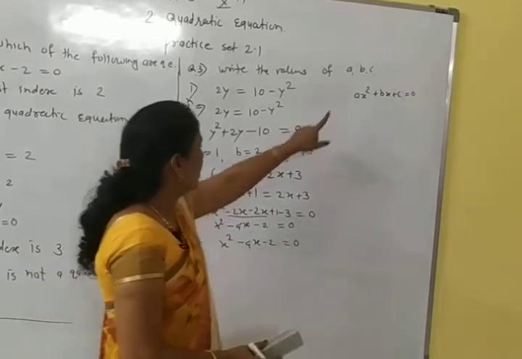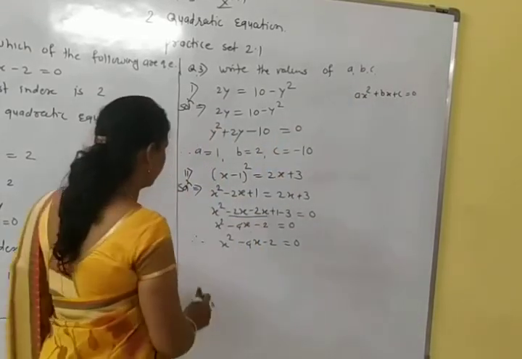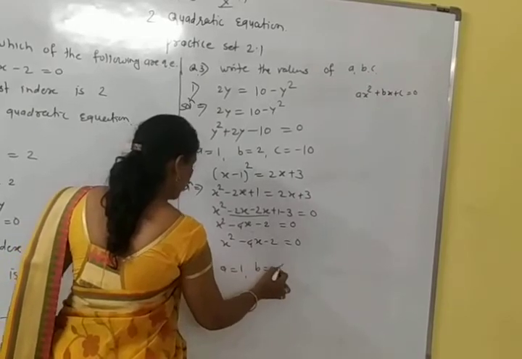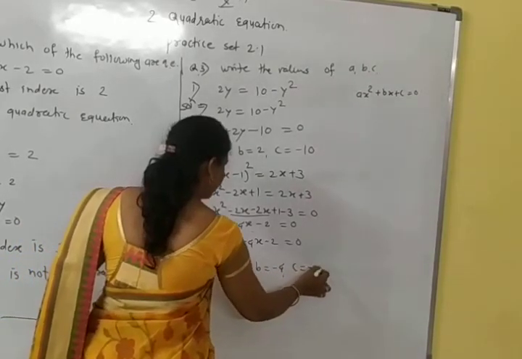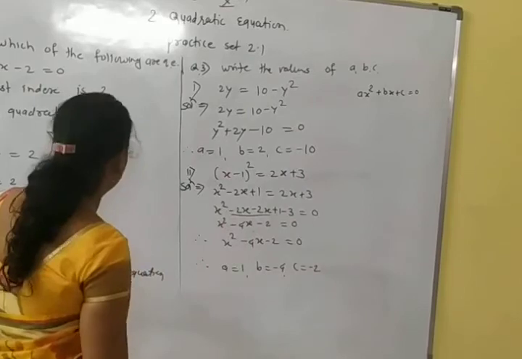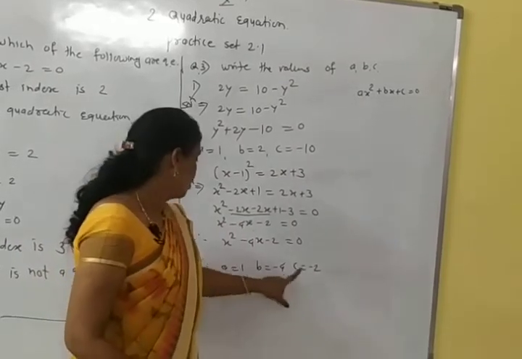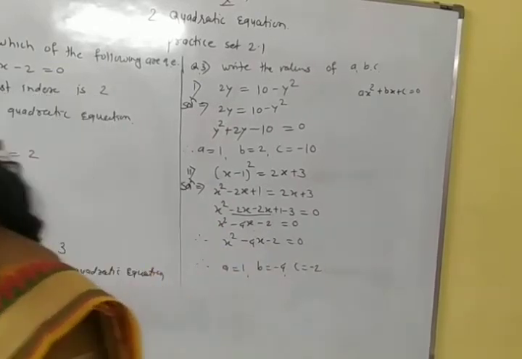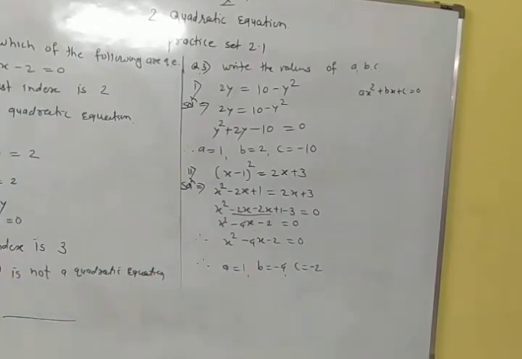Comparing with ax square plus bx plus c, a equal to 1, b equal to minus 4 and c equal to minus 2. These are the values of a, b and c. Third problem is question number 3.